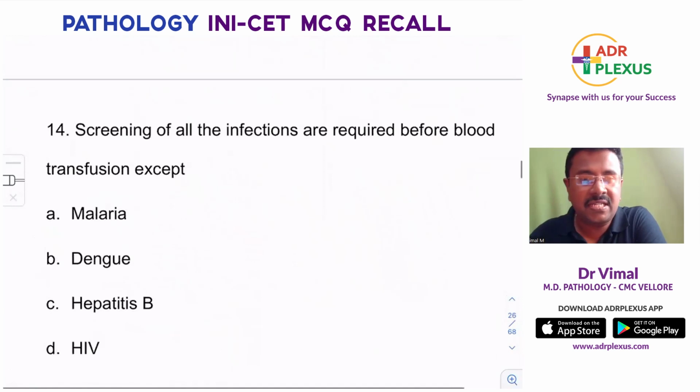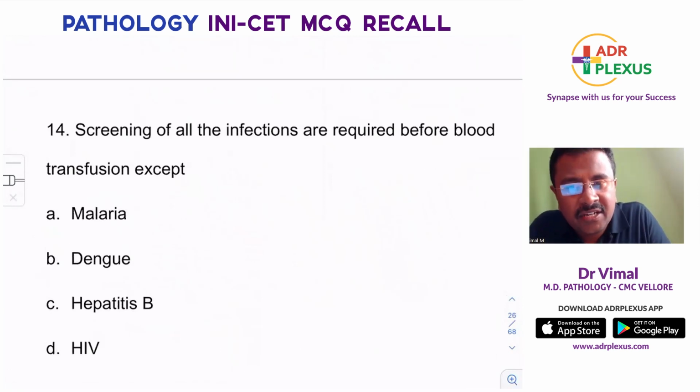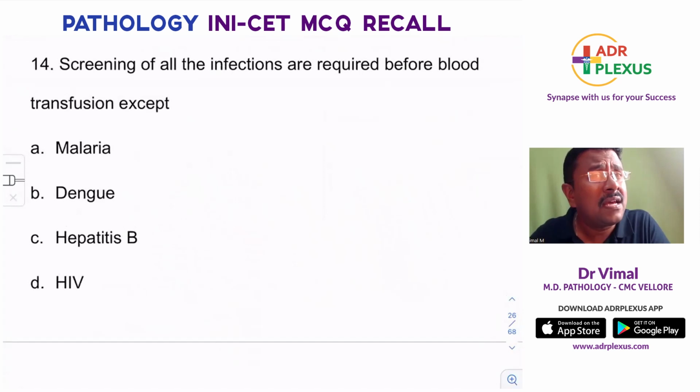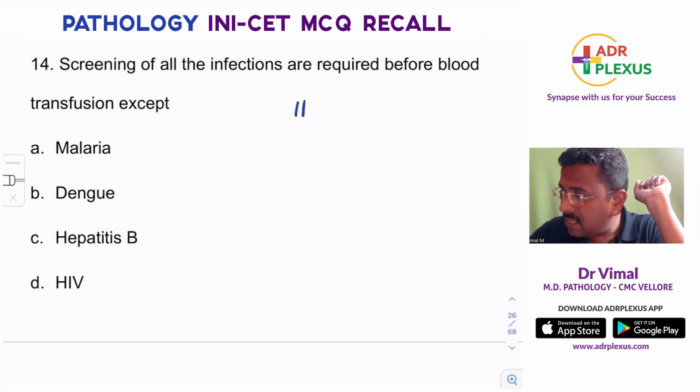Then the next question. Screening of all the infections is required before blood transfusion, except which one? NACO suggests screening of 5 infections in all our blood banks. All blood products to be transfused should be screened for HIV, hepatitis B virus, hepatitis C virus, malaria, and syphilis, with VDRL for syphilis.